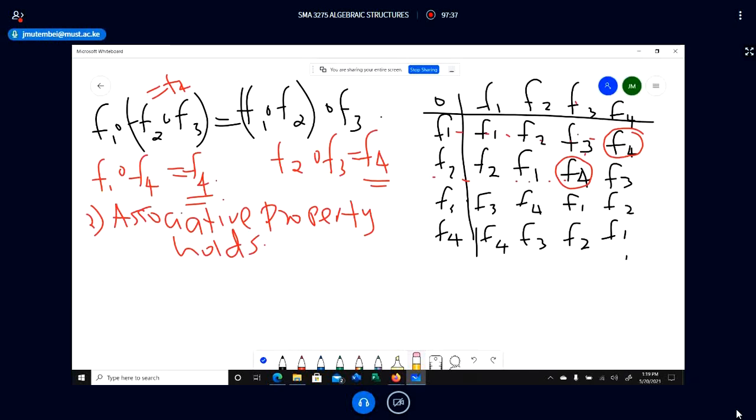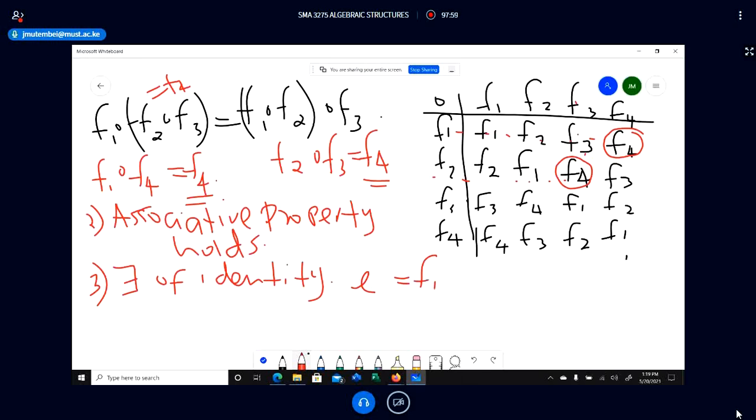So we can say now, number 3, existence of identity. So there exists the identity element E, and the identity element E is F1.